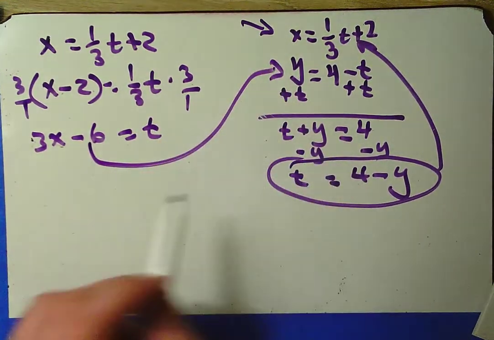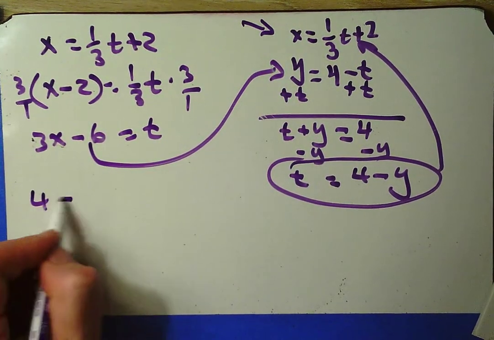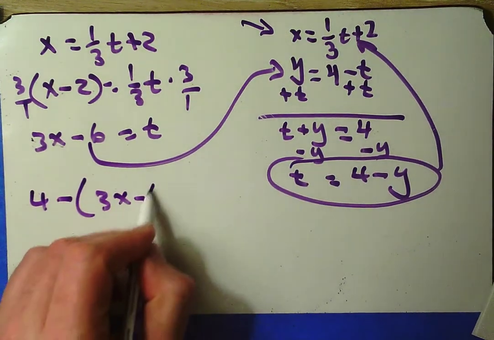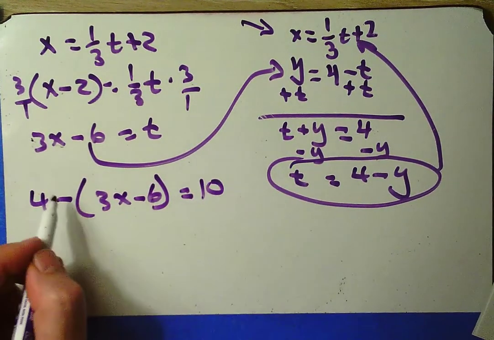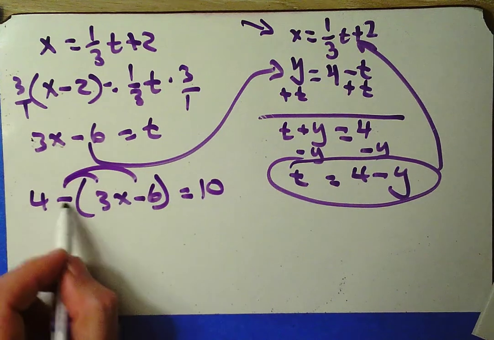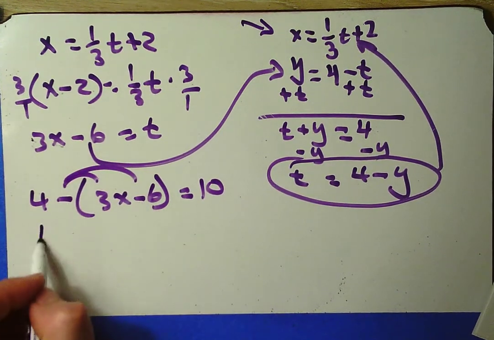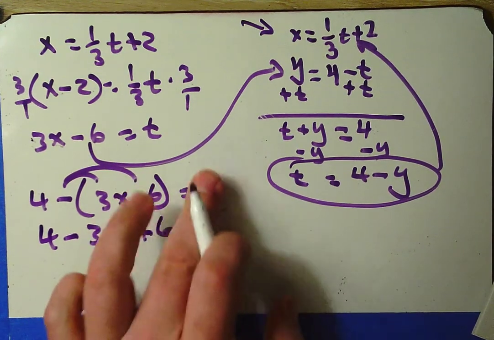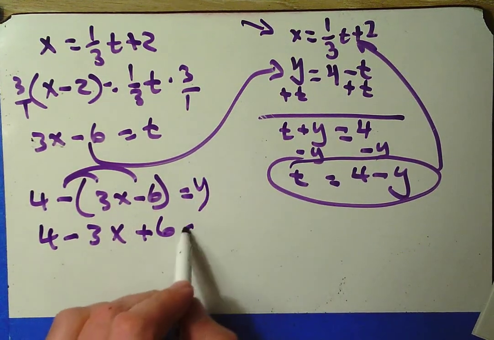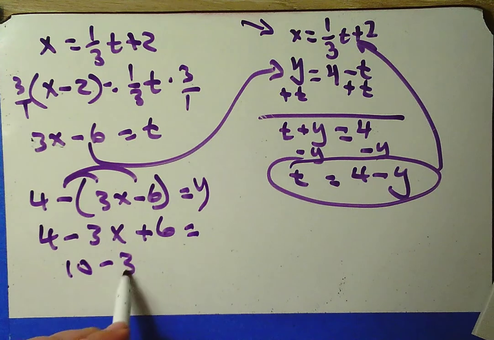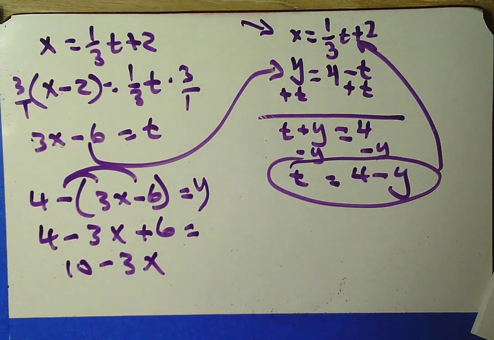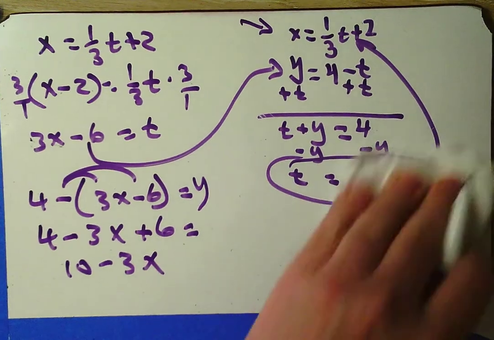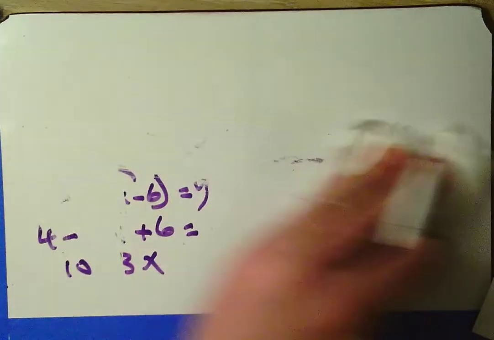And then I plug that into the other equation. 4 minus (3x minus 6). Don't forget to distribute this negative over here to get 4 minus 3x plus 6, or 10 minus 3x. That seemed to be a little faster. I could have saved some time if, again, I had carefully read the question. I wanted y equals as my answer.